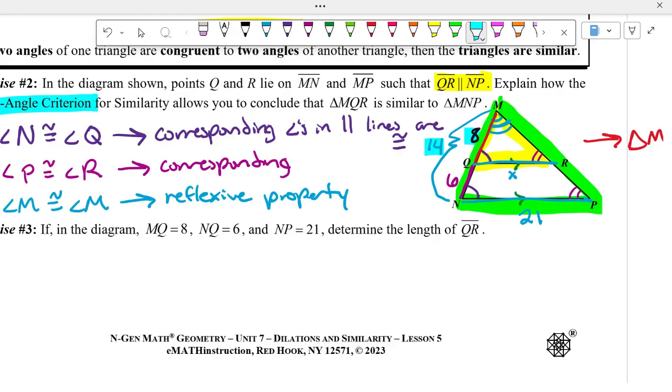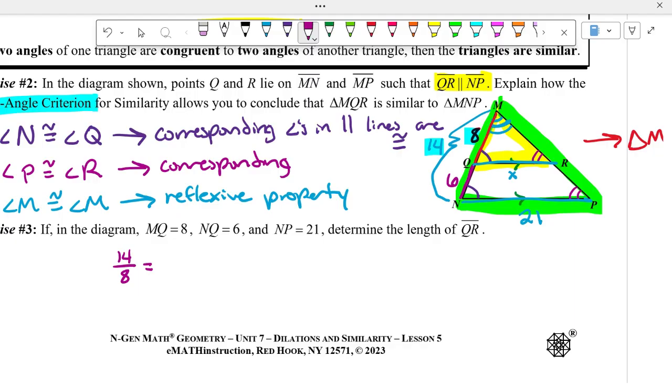So how would I set it up? Blank over blank. You can do 14 over 8. You could have also done 8 over 14. It doesn't matter how you set up that first proportion. What matters is how you set up the second proportion. So I'm going to leave it as 14 over 8.